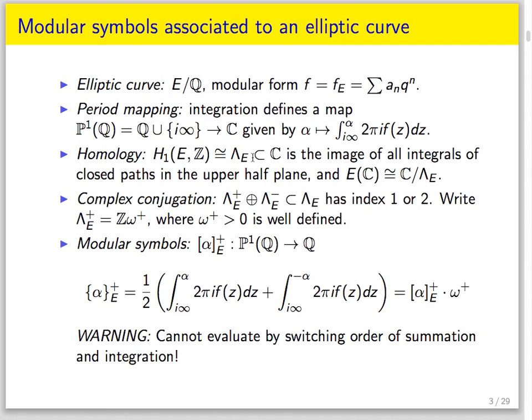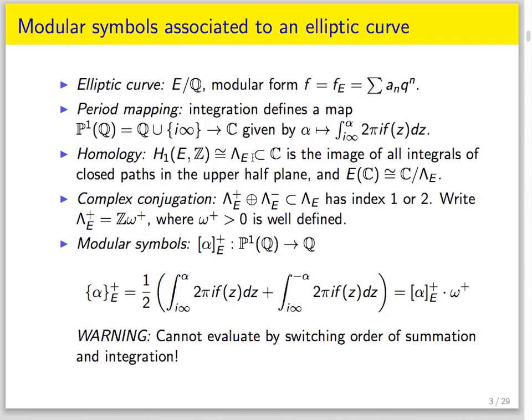There's an action of complex conjugation on the period lattice that breaks it up as a direct sum of a plus and minus part, up to an index of possibly 2, in case the period lattice is rectangular or not. And we're going to consider the modular symbol, which is a map from P^1(Q) to the rational numbers, rather than the complex numbers, associated to the elliptic curve. For this talk, I'll just talk about the plus modular symbol, but there's also a minus modular symbol.